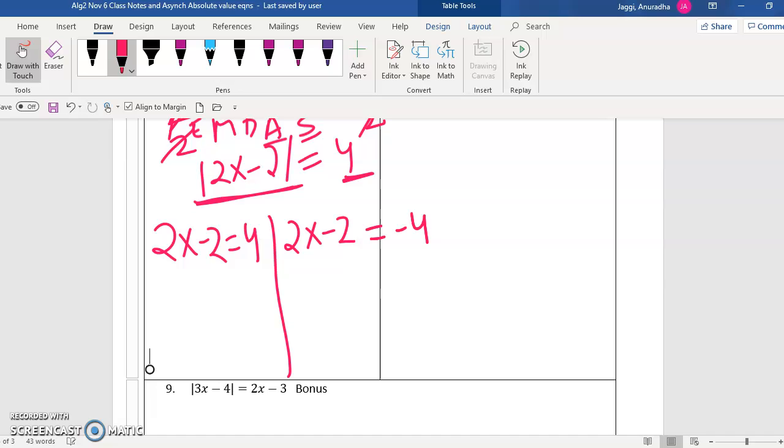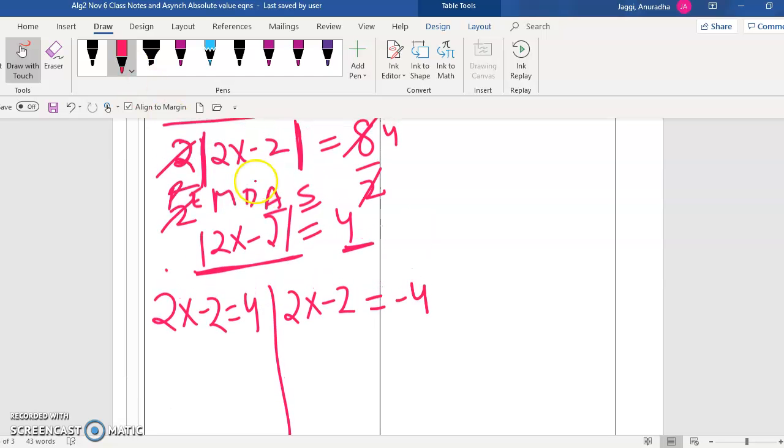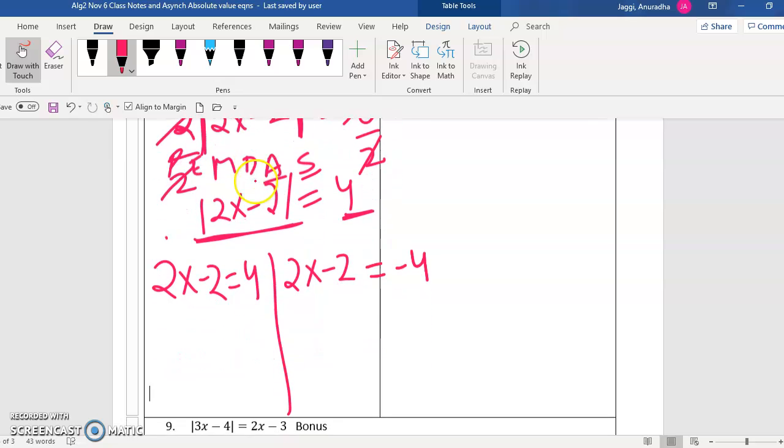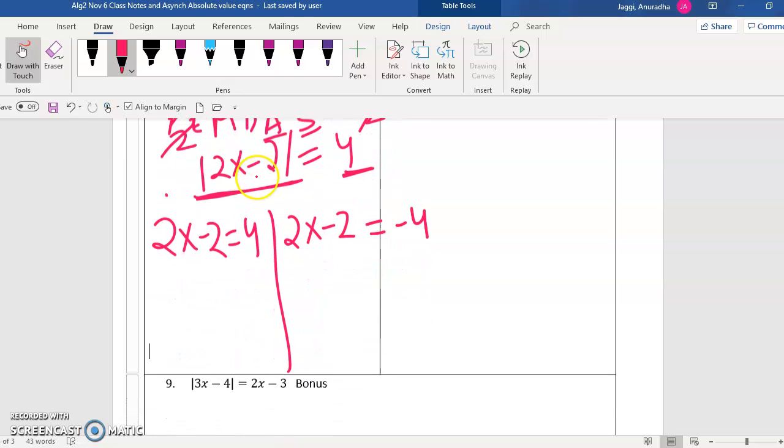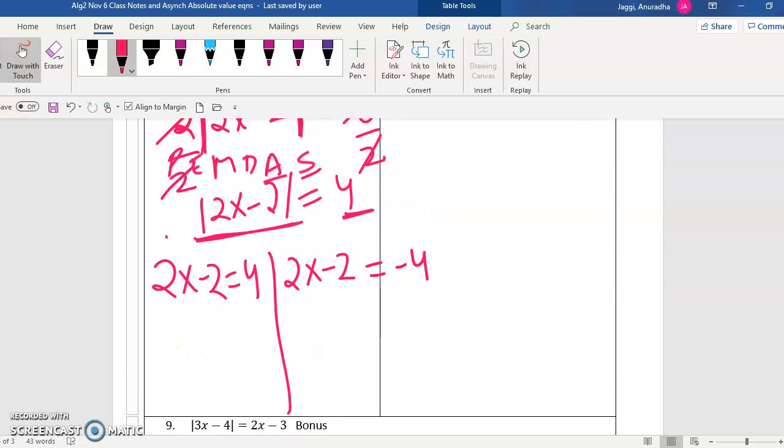First I subtracted, then I got rid of the something that was multiplied, both by using the inverse operation. So when something was added, I subtracted, and when something was multiplied, I divided, and now I have only the absolute value on the left hand side and only the positive number on the right hand side.